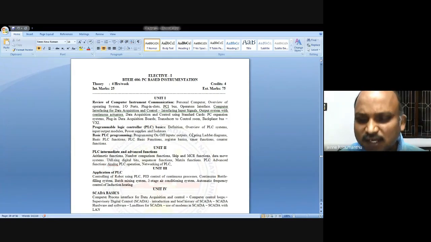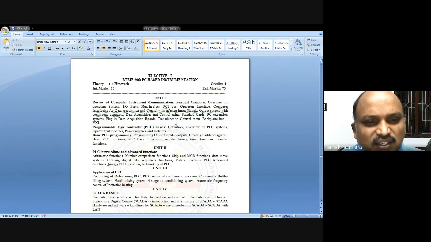You remember, you see the syllabus here? Unit 1 of this PC-based instrumentation completely describes the general information regarding what a computer system is, what the inputs are, what the outputs are, what the ports are, and what standards we have, isn't it?